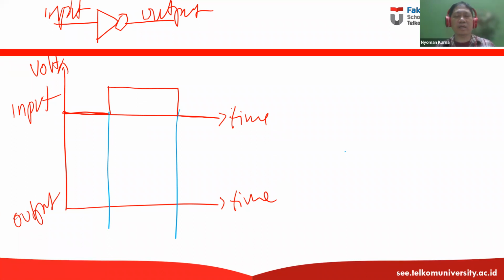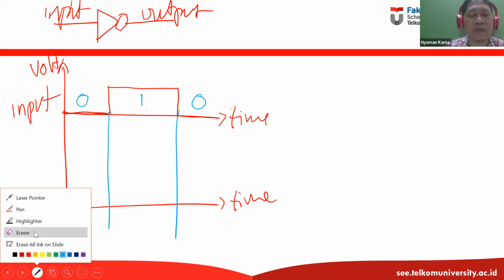As we are already aware that inverter will invert the input to become the output. So whatever the value of the input, the output will be the inversion of the input. For example, if the input is 0, the output will become 1. But if the input is 1, then the output will become 0. So let's think about that rule. This is 0, and then this one is 1, and then this is 0.